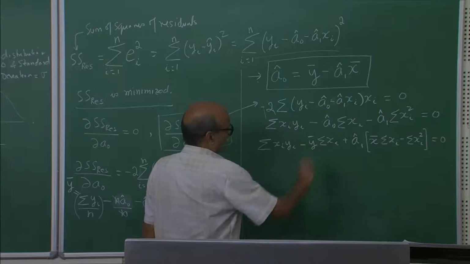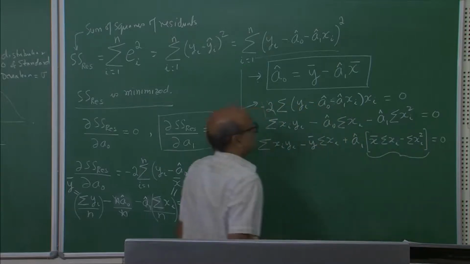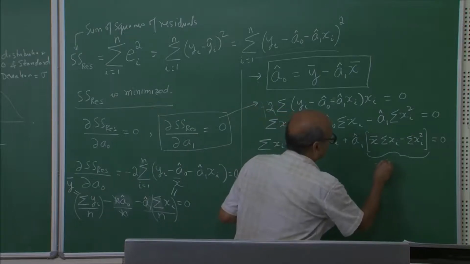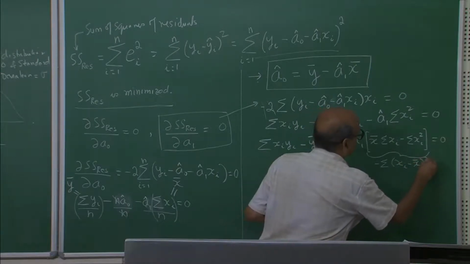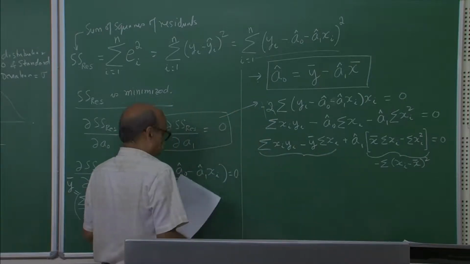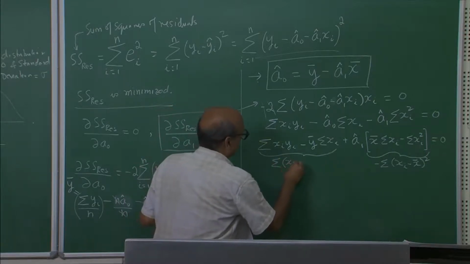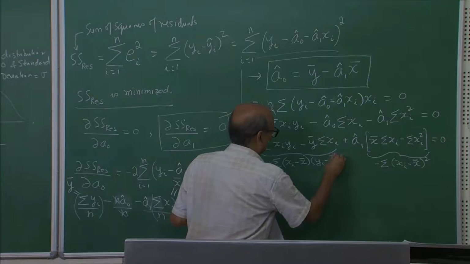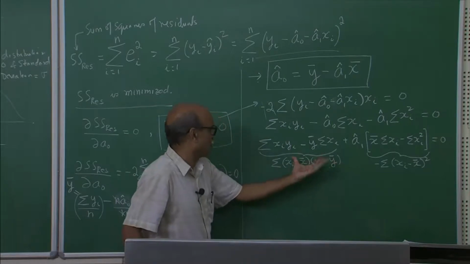Now, I am not going to prove this, as it is somewhat longish, but we can show that the term here in square brackets can be written as minus summation xi minus x bar square, while this term can be written as summation xi minus x bar multiplied by yi minus y bar. The way you can prove it is you expand this and eventually show that this is equal to this.